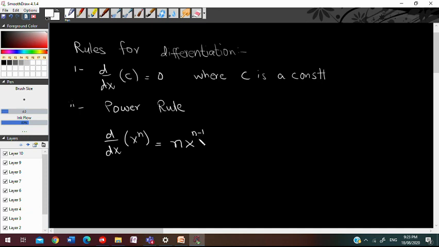Here the power of x is n, but now its power is n minus 1.